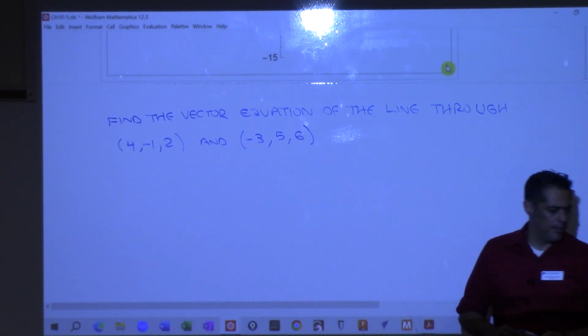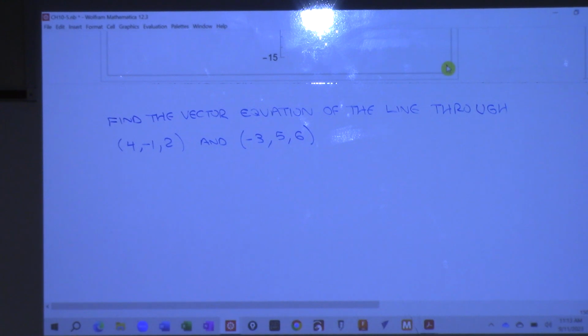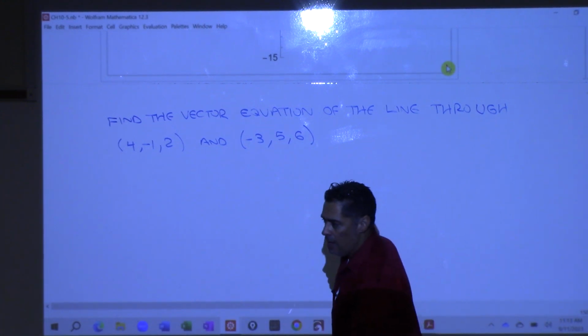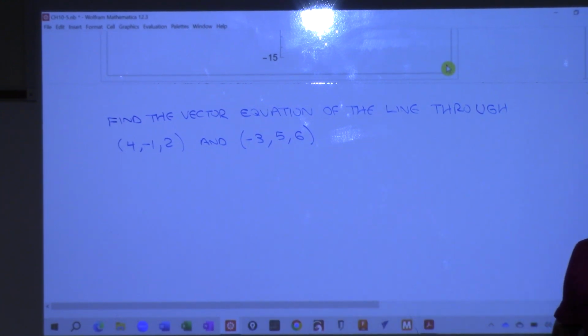What have I given you? 2 points, right? And from that, you are supposed to come up with the vector equation of the line. That's the vector equation that will draw all the vectors that generate all the points on that line.